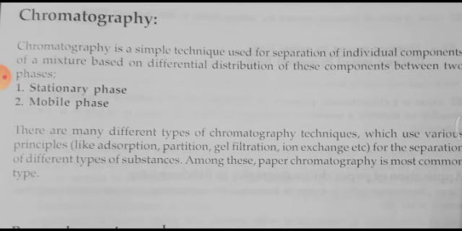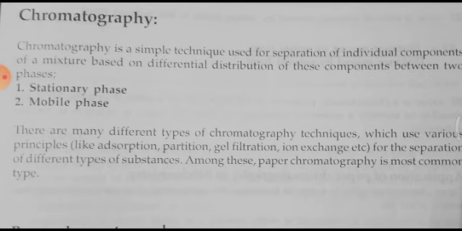And if C has more attraction for the mobile phase rather than the paper, it will move much longer, because it has an affinity or liking for the mobile phase. So based on this, A, B, C, which were spotted at the same place, will get separated at different locations while the mobile phase moves on the paper.